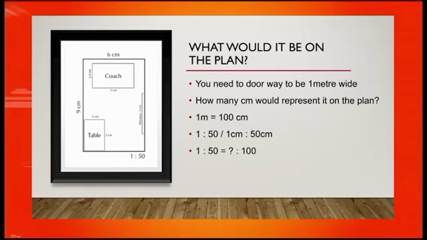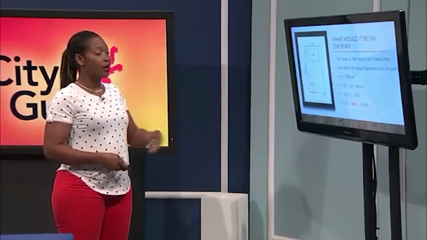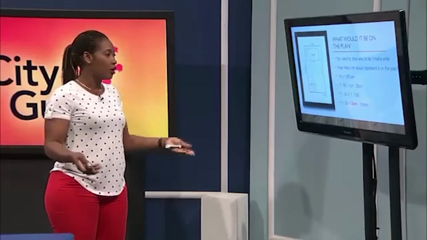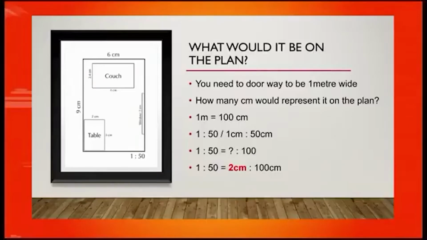So you can either work it out in your head that it's really 2 centimeters, or you can add 50 and 50 gives you 100, and 1 and 1 gives you 2, or you could do the proportion where you have 1 over 50 equal x over 100, and you cross multiply. But 2 centimeters would represent a 1 meter doorway.